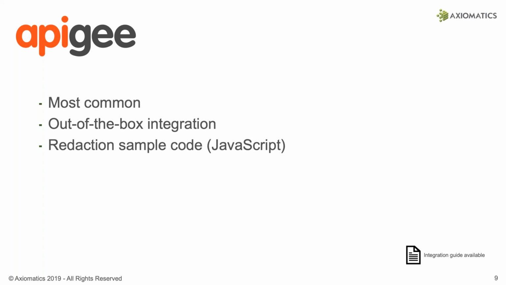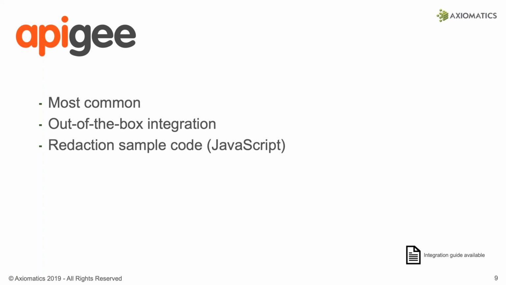It does have an out-of-the-box integration in the sense that it requires only a configuration on the Apigee gateway. We don't have to write any custom connector or custom policy that gets implemented on the Apigee side or on the gateway side. For the redaction of data, which we'll look at in detail later, there is a little bit of code that needs to be written. We leverage JavaScript within Apigee to do this.